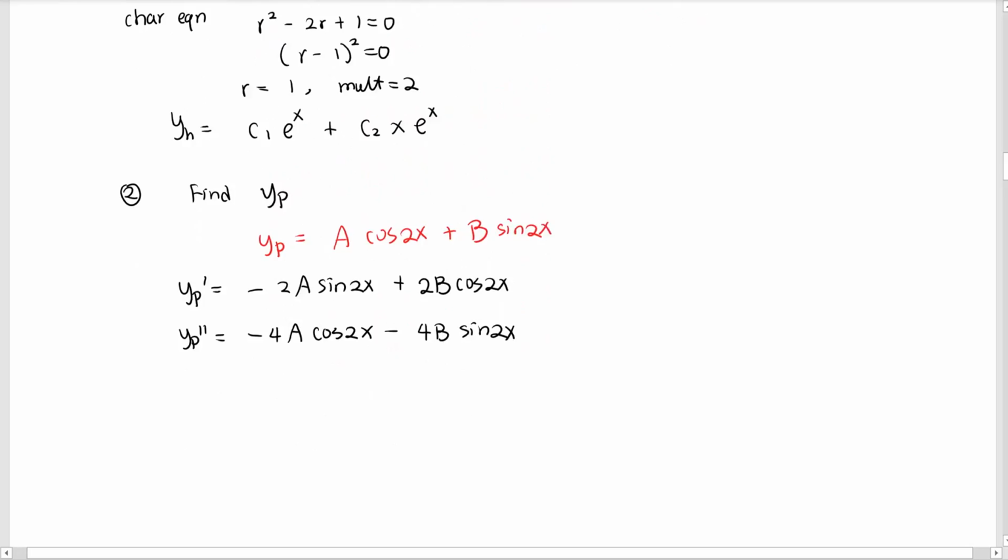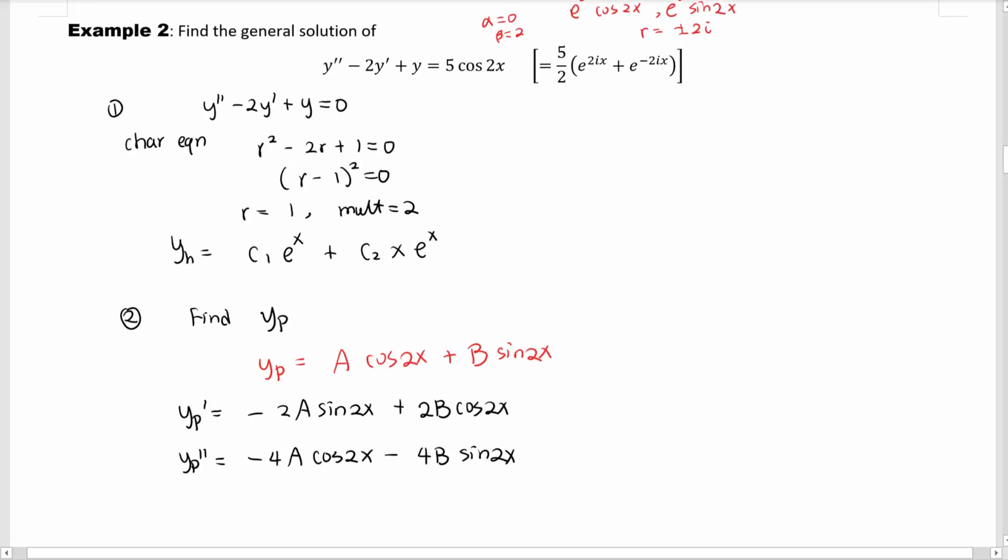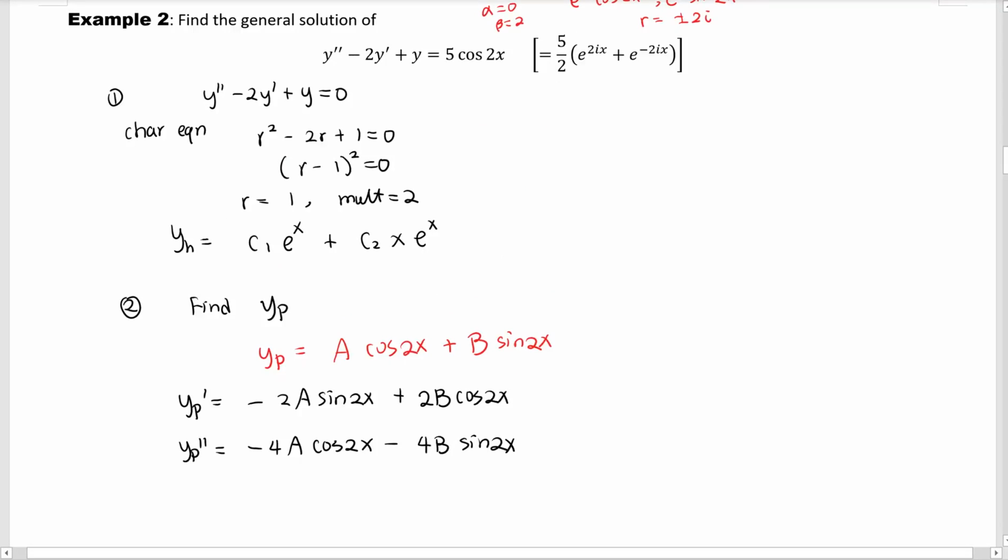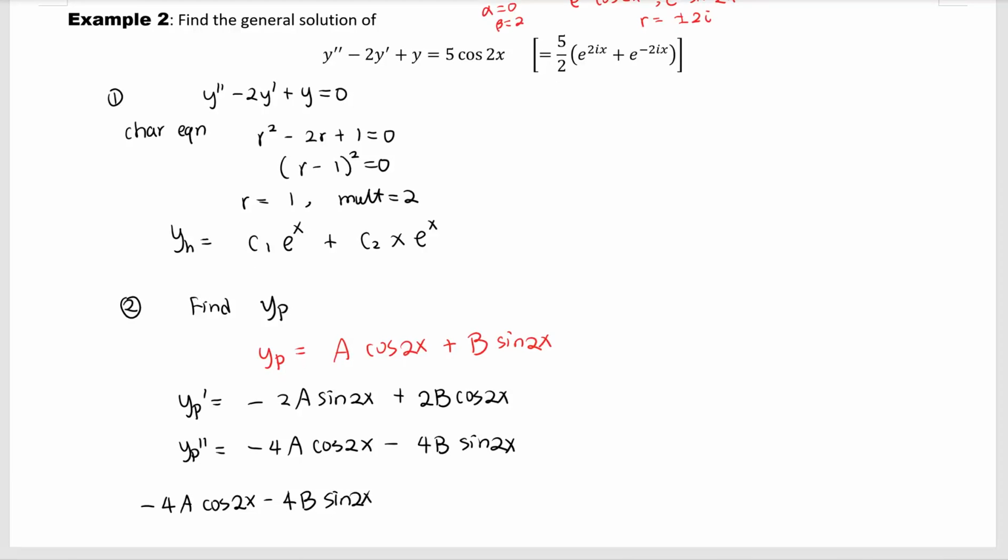Okay. So let's plug this into our differential equation. y double prime, which is minus 4a cosine 2x minus 4b sine 2x. Minus 2 times y prime. y prime is negative 2a sine 2x plus 2b cosine 2x. So don't forget your parentheses.